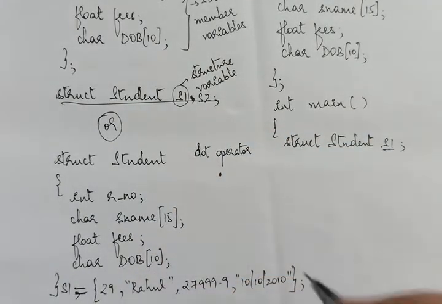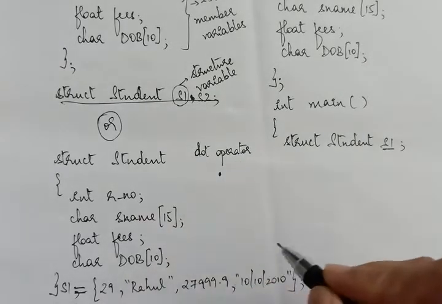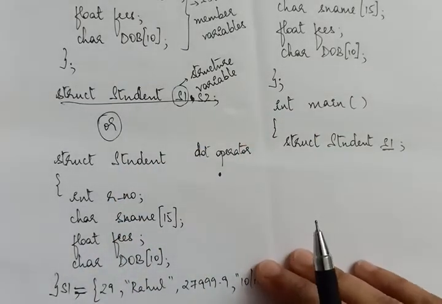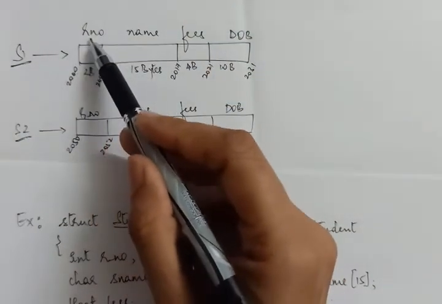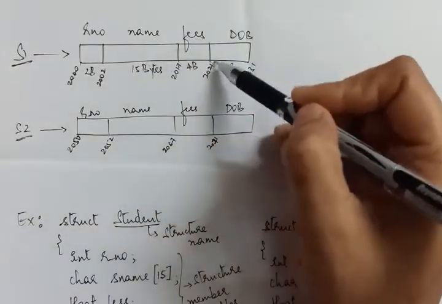How? As we have seen, when the variable is created, that is s1, it points to the locations, right? That is what we had seen here. See here, s1 points to these locations, right? So r number is here, name is here, fees is here.